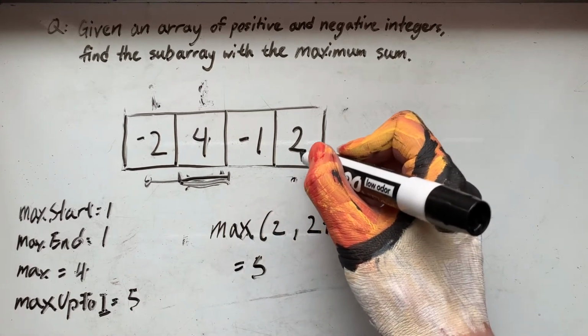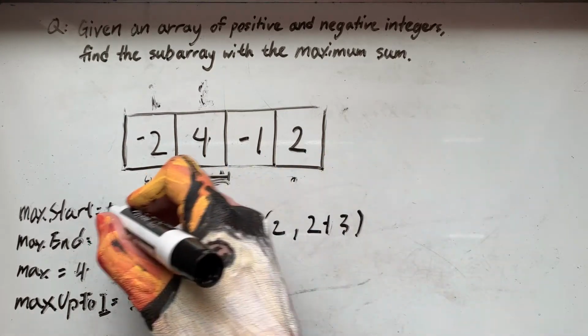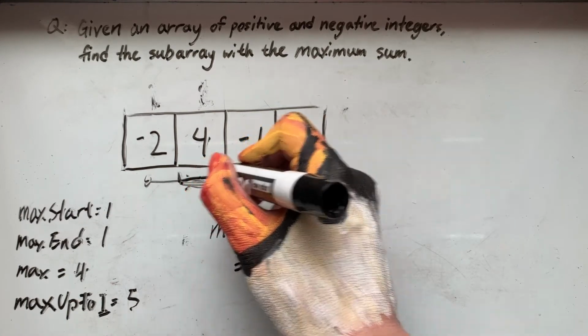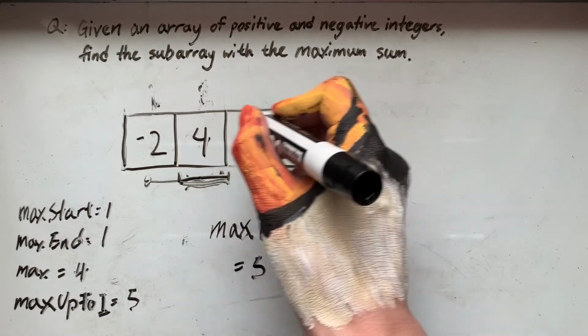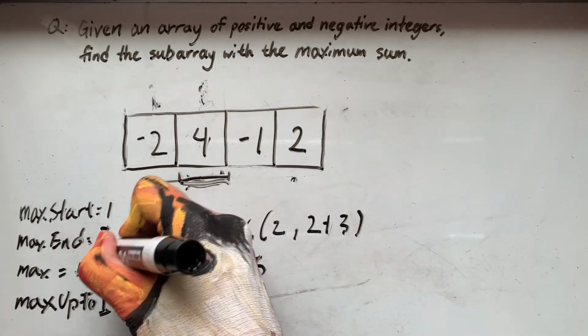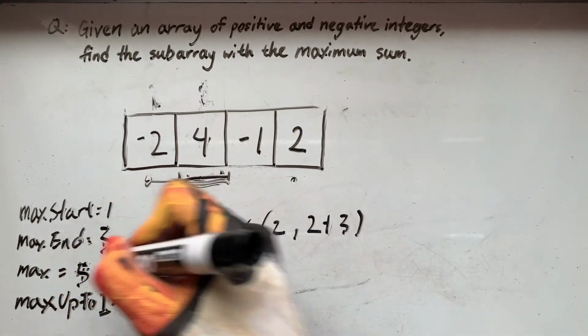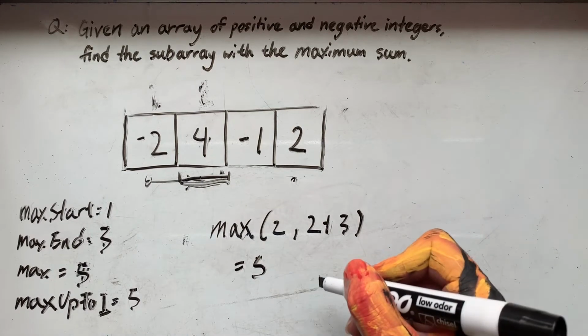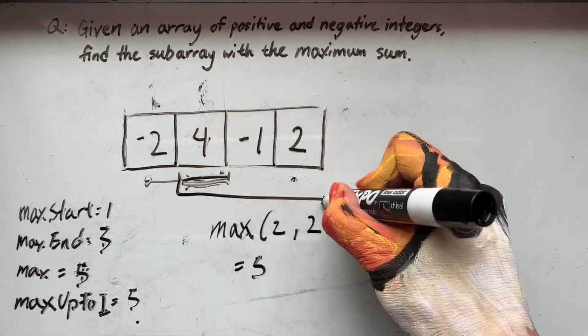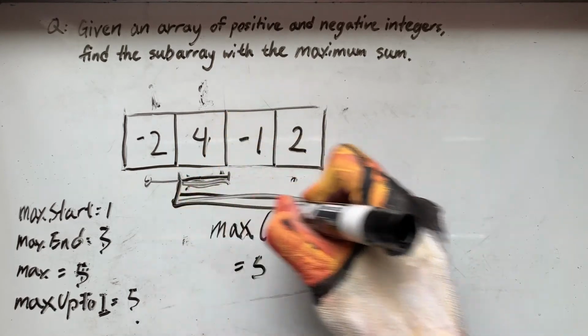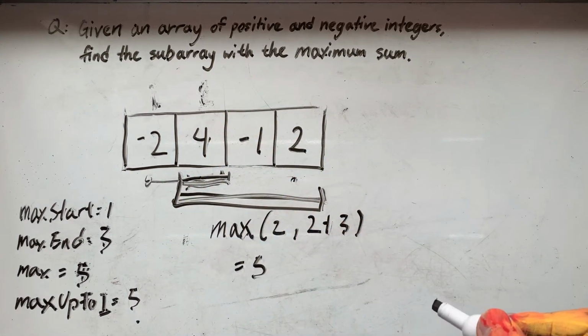And we know that max start is at 1 here, and max end is at 3, and max is at 5. So there it is. So 5, this subarray is the largest subarray with the maximum sum in this entire array.